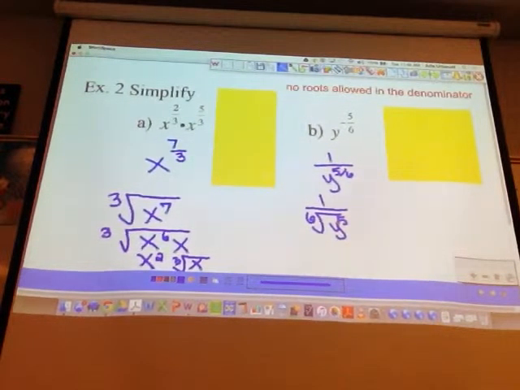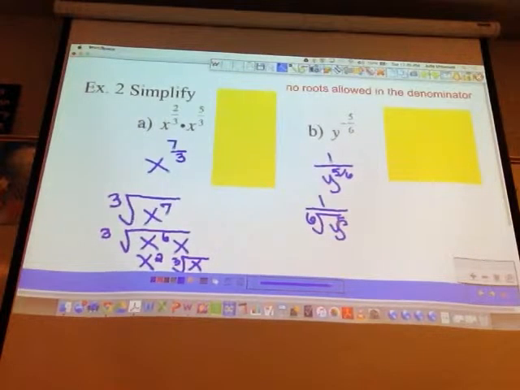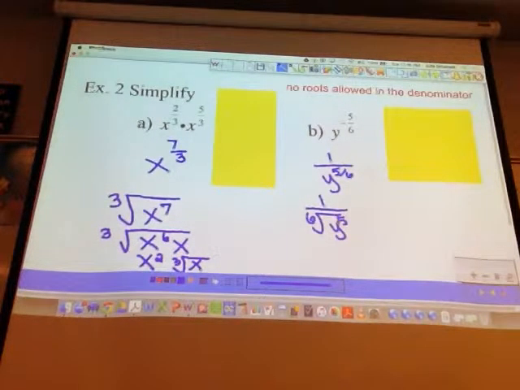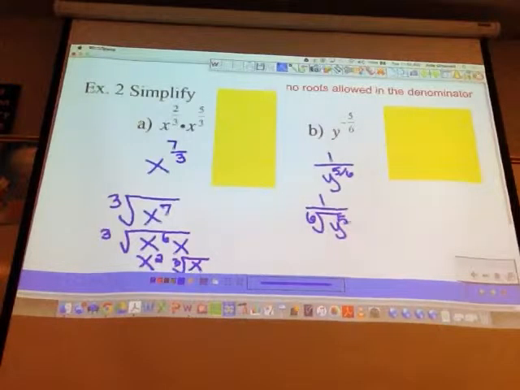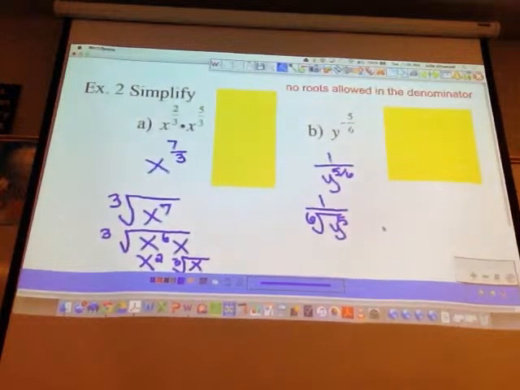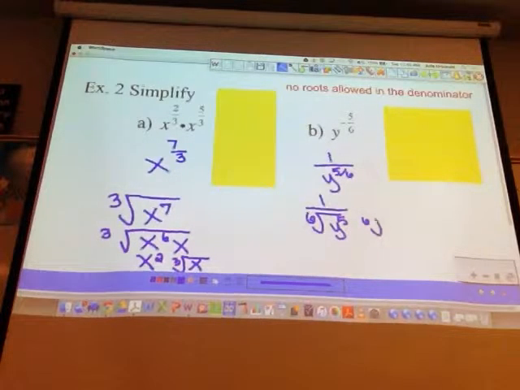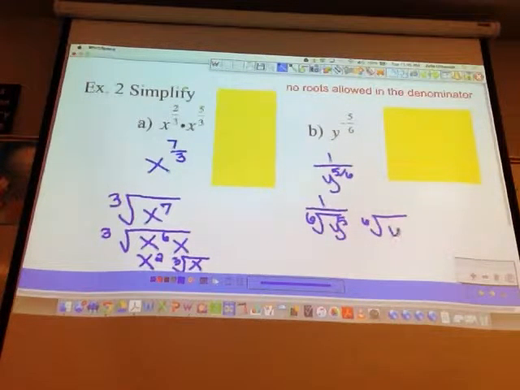Now, be careful here because this can be easy if you see what I'm about to tell you. This is the number that matters. If we want to make the radical sign go away, we're dealing with a 6th root, so I want to have a 6 as my exponent. So I'm going to multiply by the 6th root of how many y's? 5.